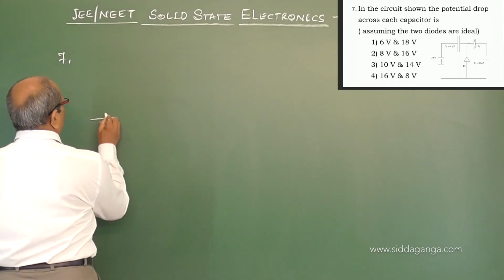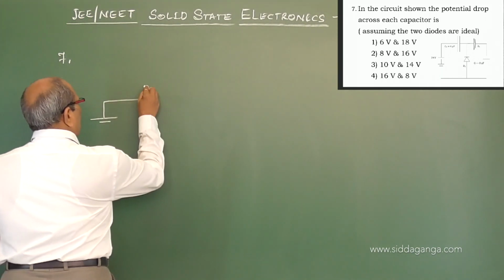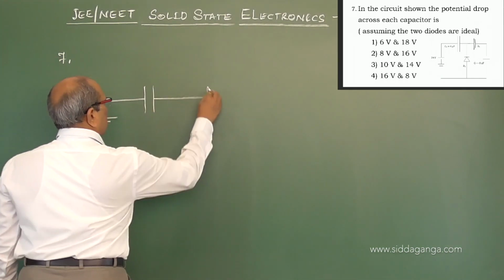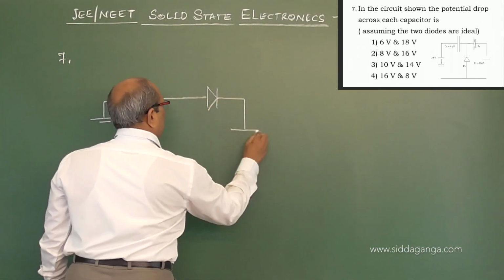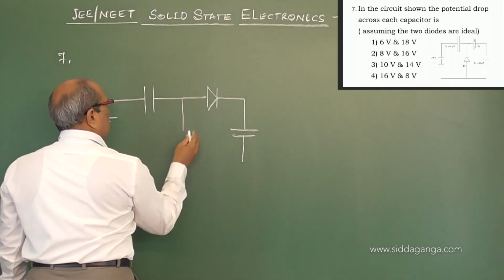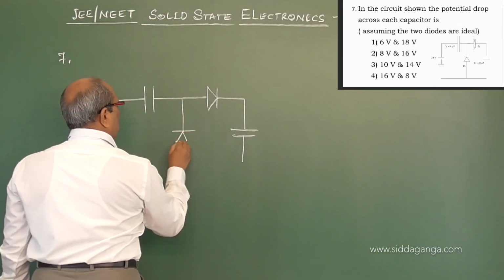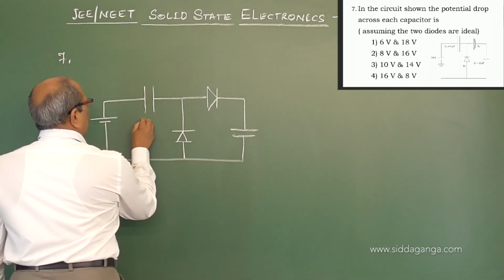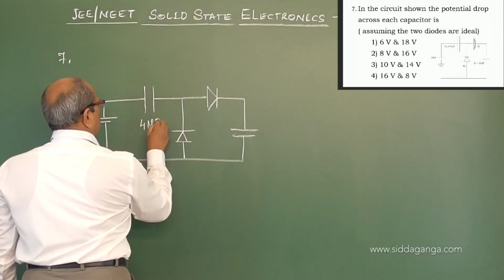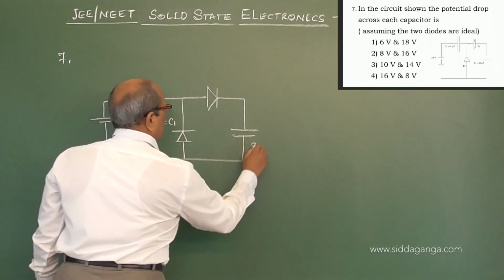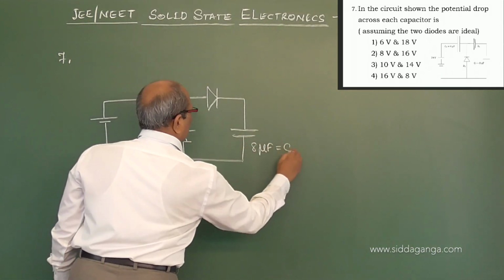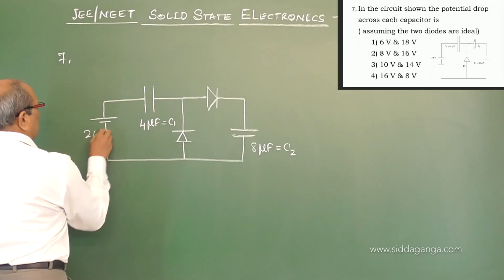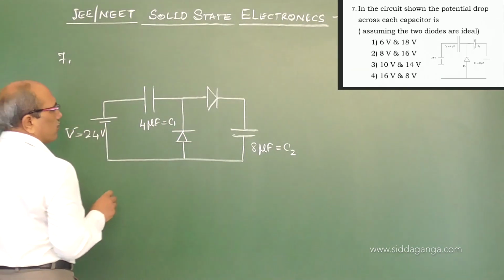So you are seeing the two diodes, with capacitors connected to the two diodes. The two diodes are of this form. 4 microfarad is C1, 8 microfarad is C2, and 24 volt is the input voltage to the circuit.